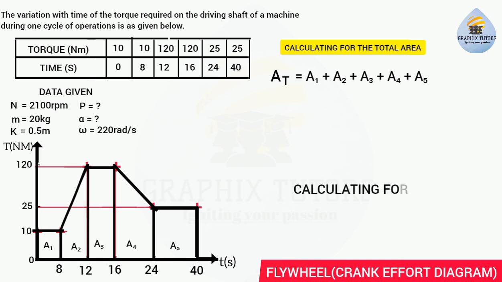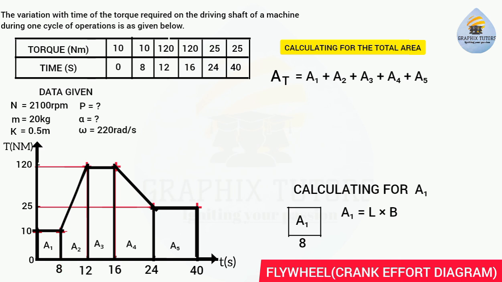A1 is a square, right? That is a rectangle. Since the sides are not the same, it is a rectangle, so length times breadth, right? And the length here is the interval along the time axis, the difference in the interval for area 1, which is 0 to 8.